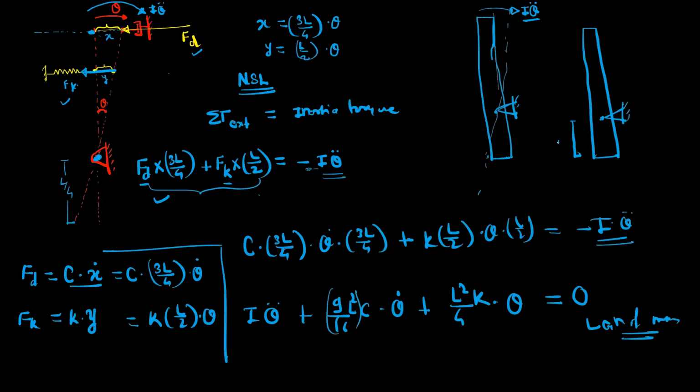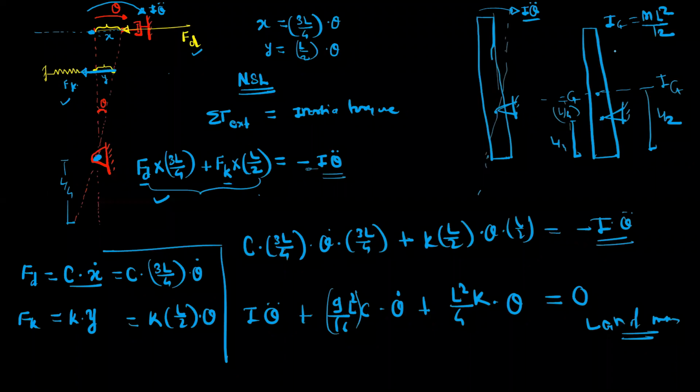So this is L/4, and this is the center of gravity G. Actually this is L/2, so with respect to the center of gravity, its distance will be L/4. By using the parallel axis theorem, we know the standard value at this point, Ig is equal to ml square by 12.